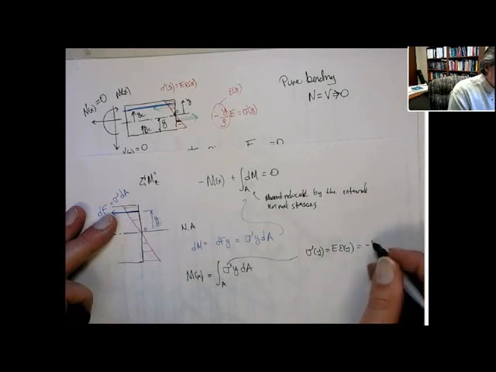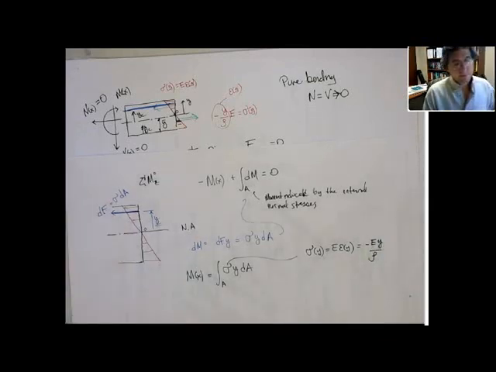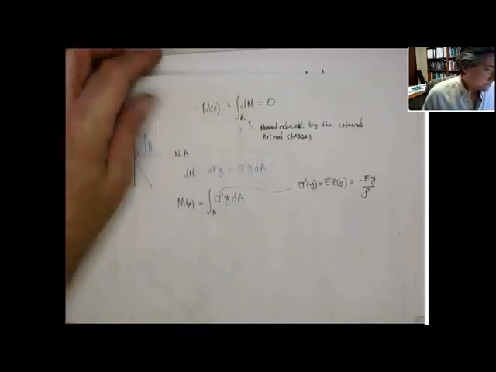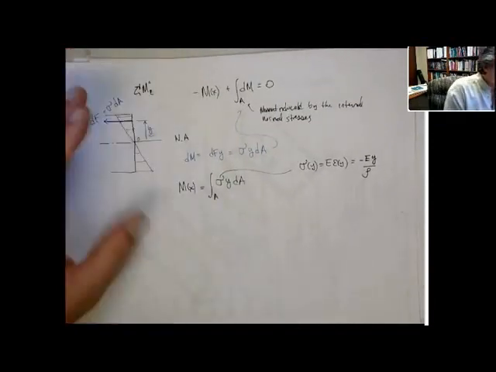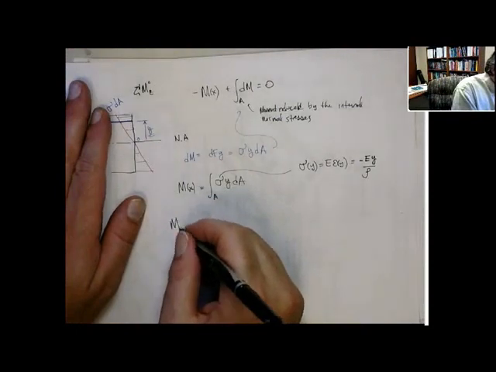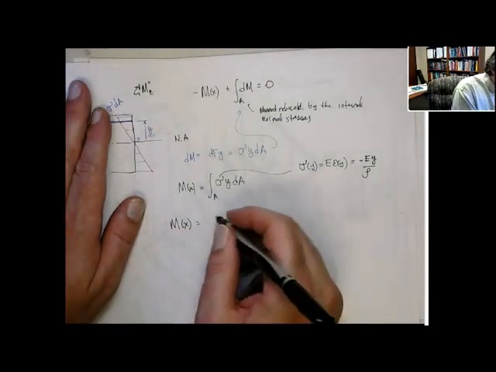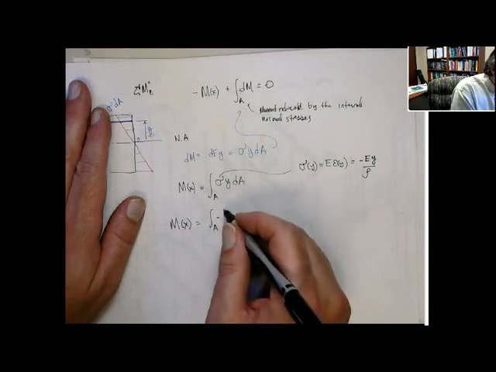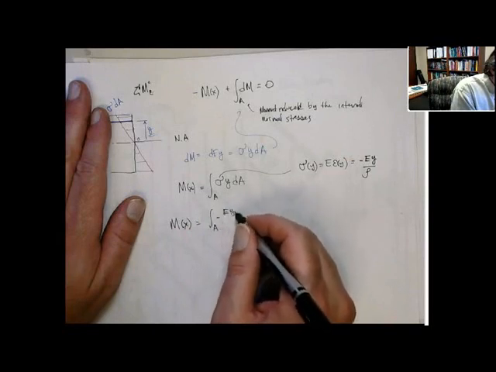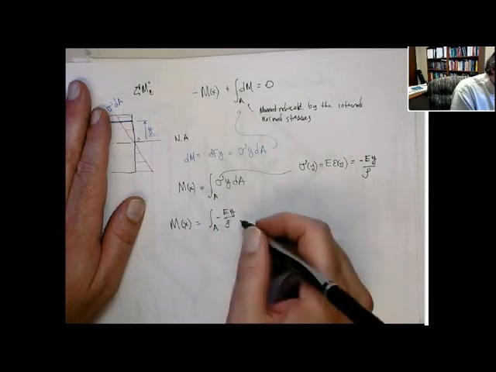So this is going to be minus y over rho. So let's put that in here. Stress: integral over the area of minus E y squared over rho.